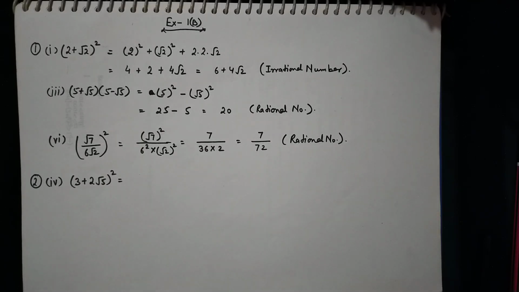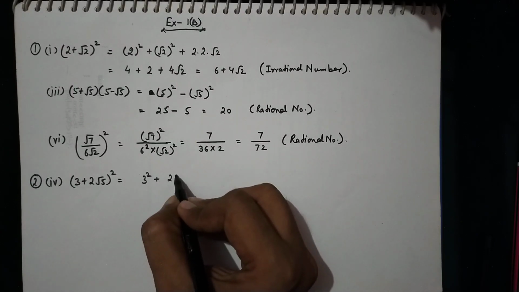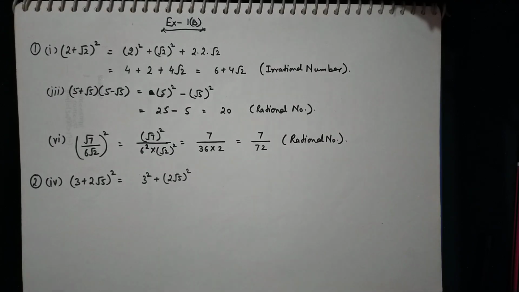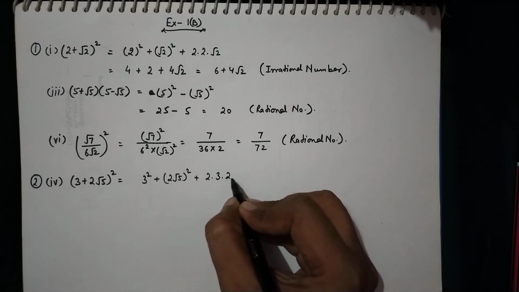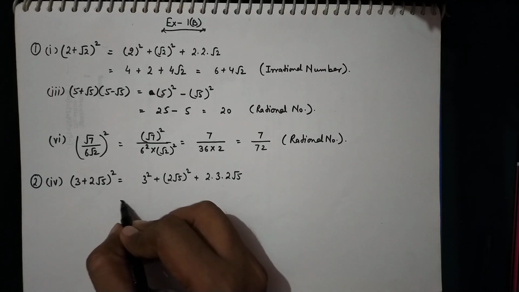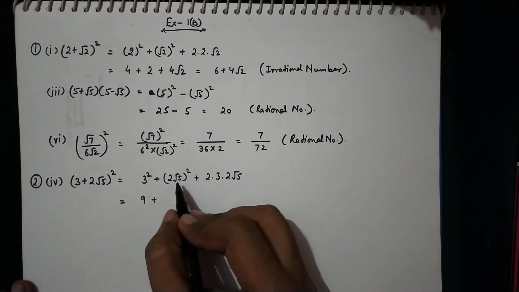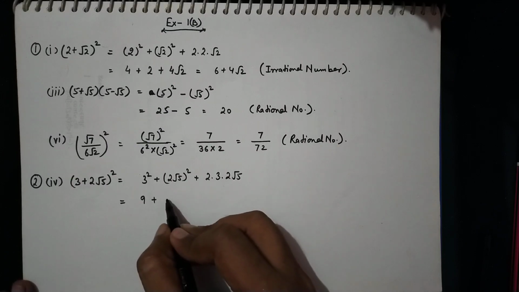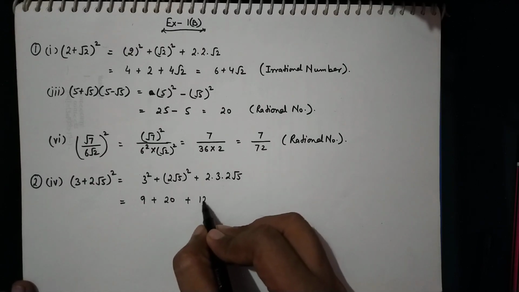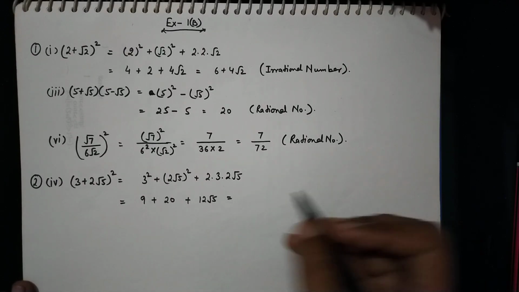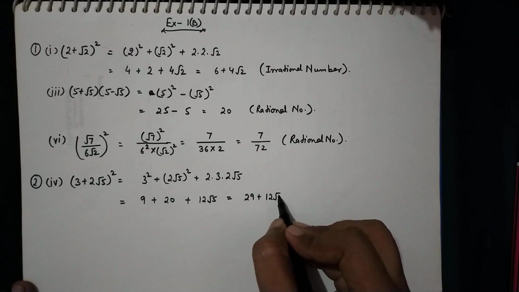the identity (a plus b) whole square, and this can be written as 3 square plus (2 root 5) whole square plus 2 into 3 into 2 root 5, and this will be equal to 9 plus 2 square 4 and root 5 square 5, 4 5s are 20, plus 2 3s are 6 and 6 2s are 12, 12 root 5, and this will be equal to 20 plus 9, 29, plus 12 root 5.